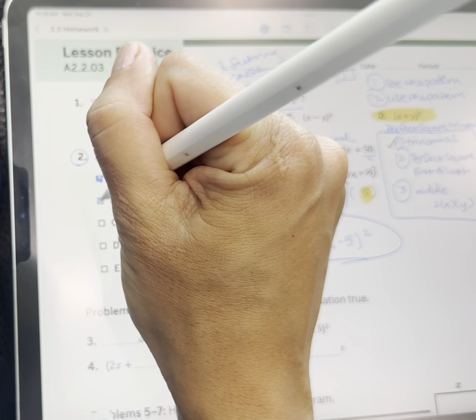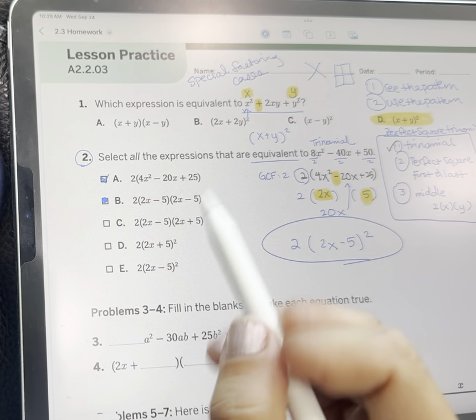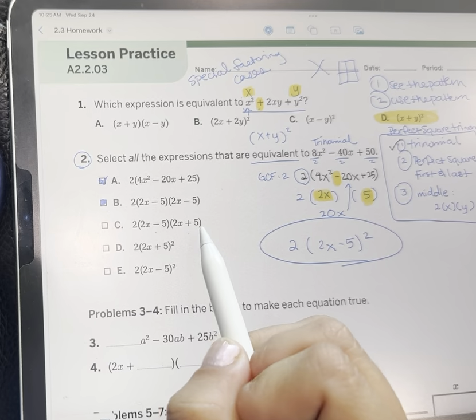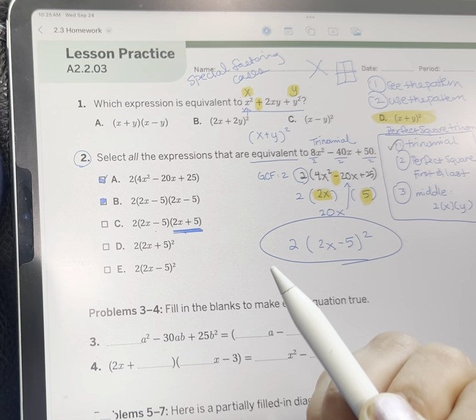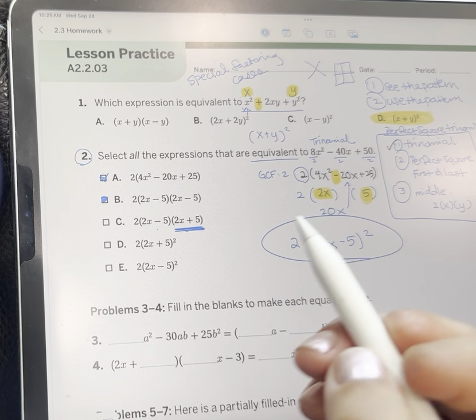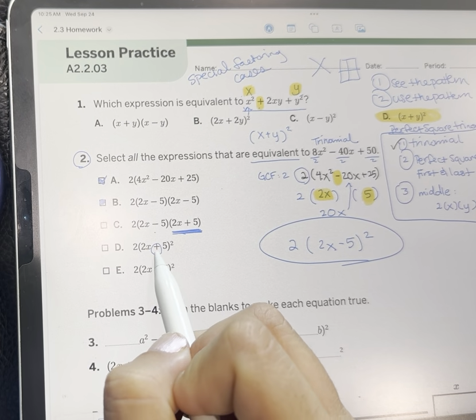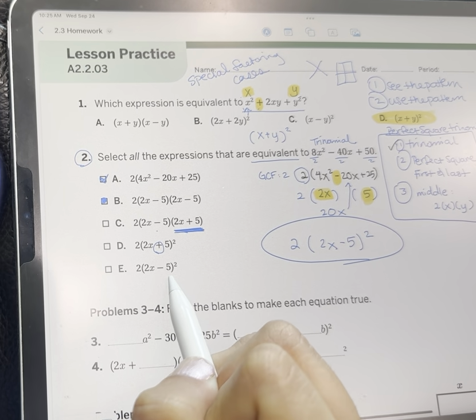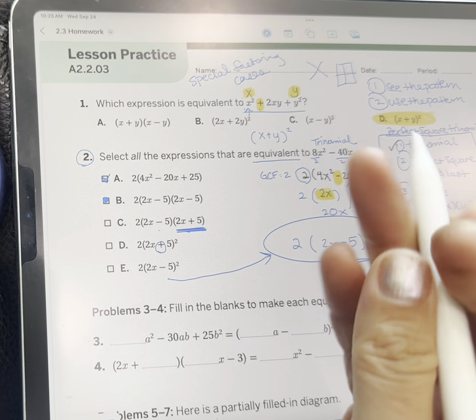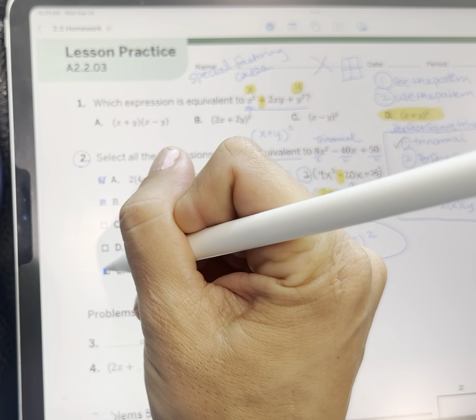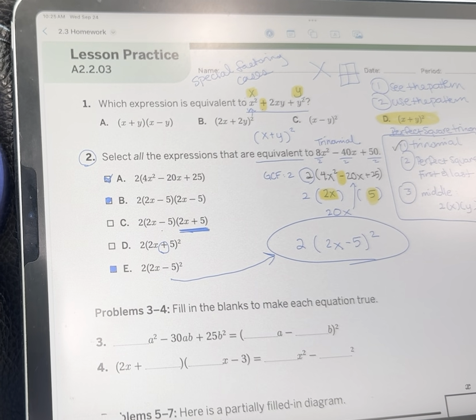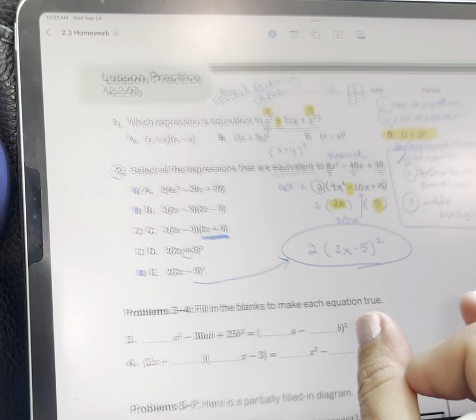So that's also true. This one, 2x minus 5, 2x plus 5, that's different. Not the same, not equivalent. That one with the plus again, not equivalent. But this is our final, most simplified version answer. Perfect, done. Okay, let's keep it going.